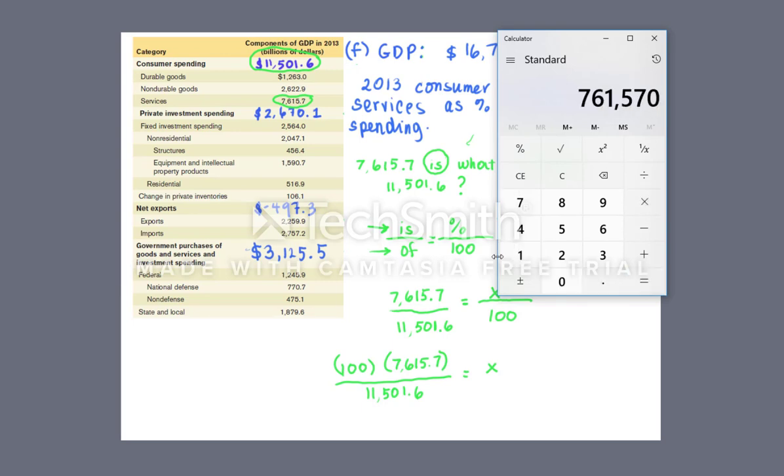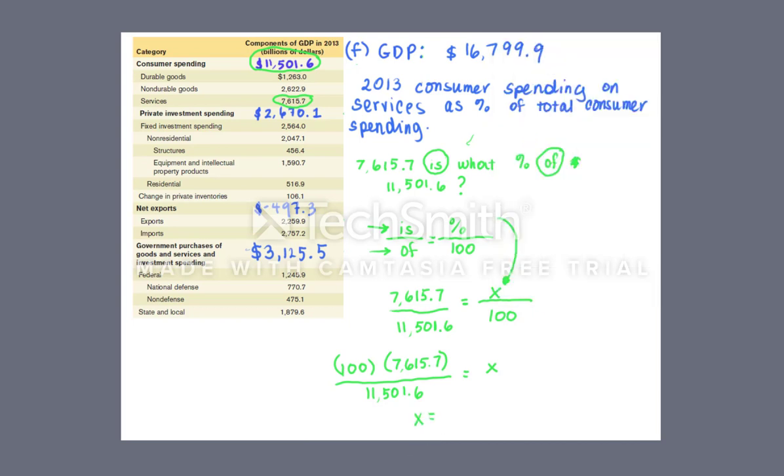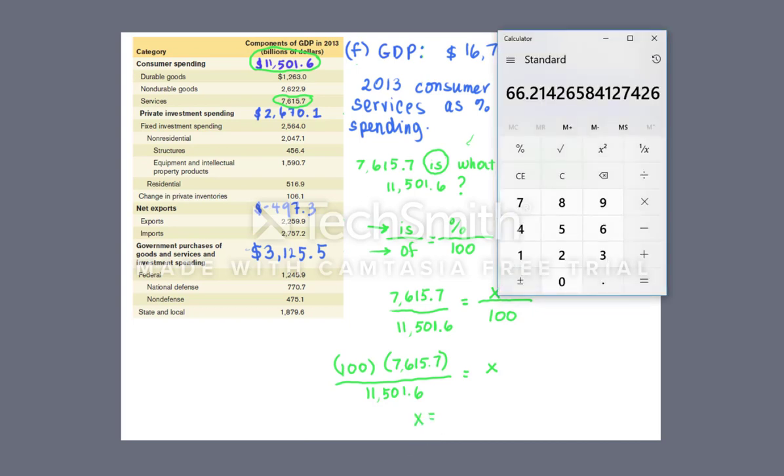7,615.7 is 66.2% of 11,501.6. So the answer to part F is 66.2. What does that mean intuitively?